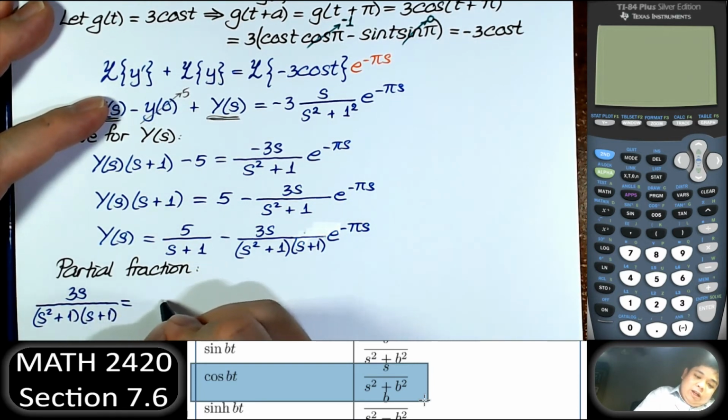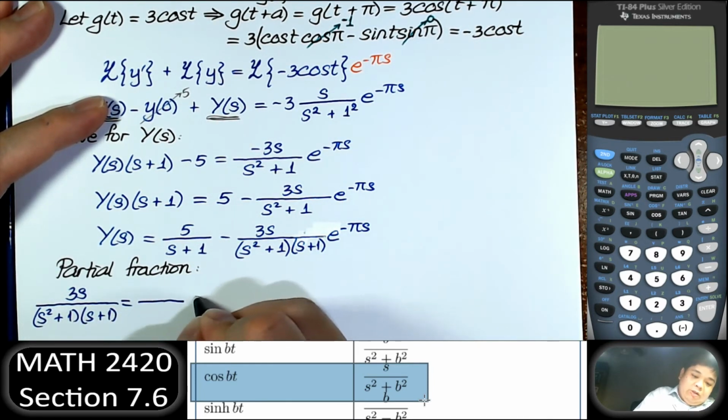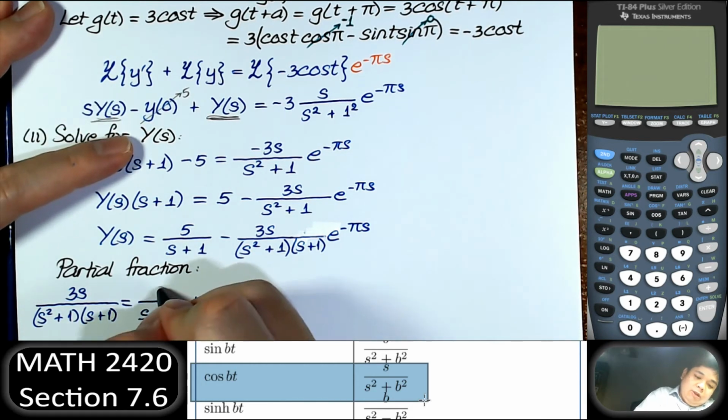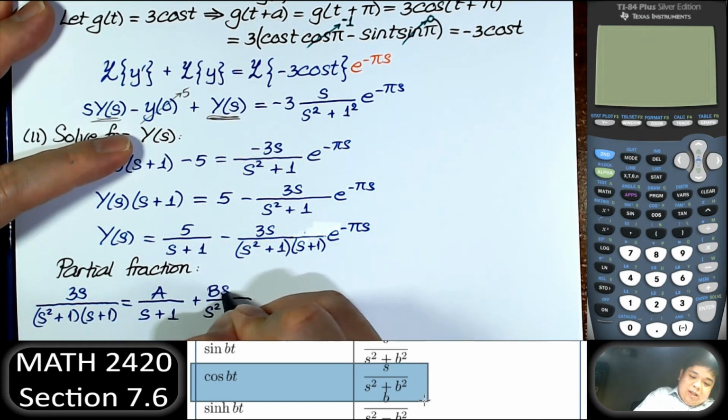There are only two reduced factors, s plus 1 and s squared plus 1, so it equals A over s plus 1 plus Bs plus C over s squared plus 1.